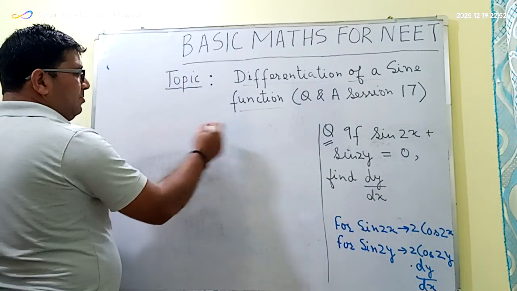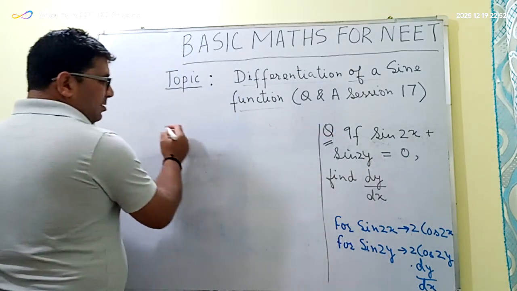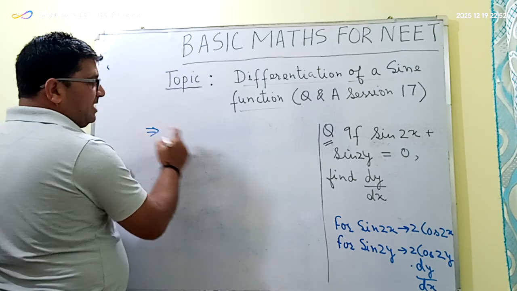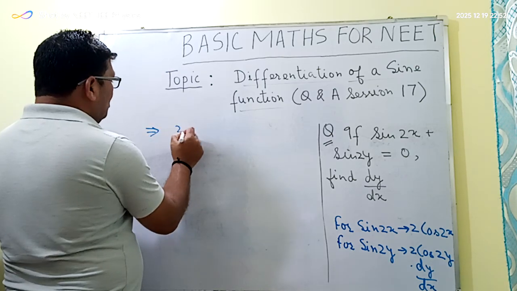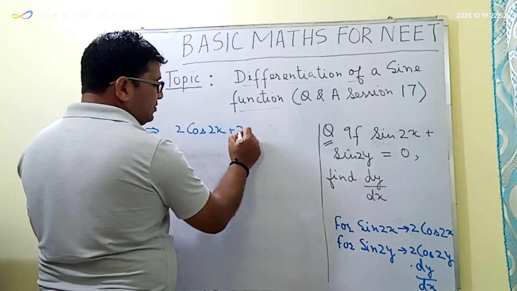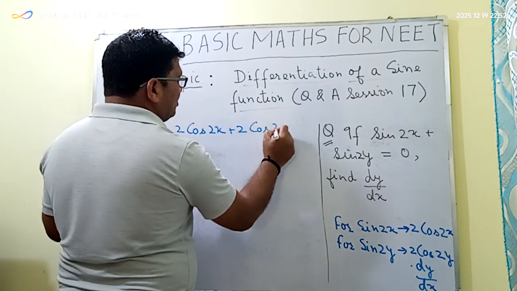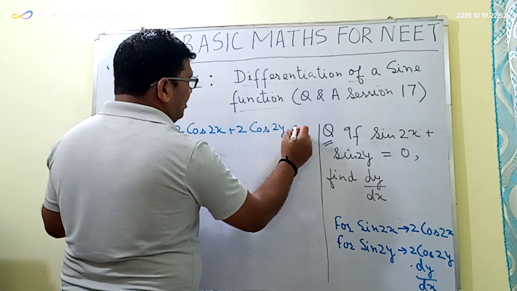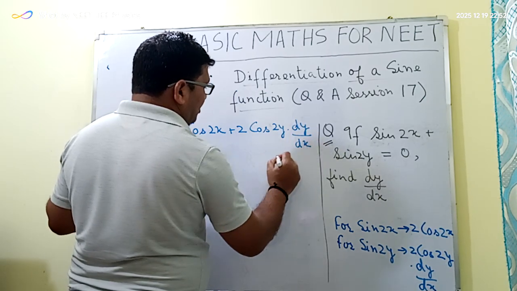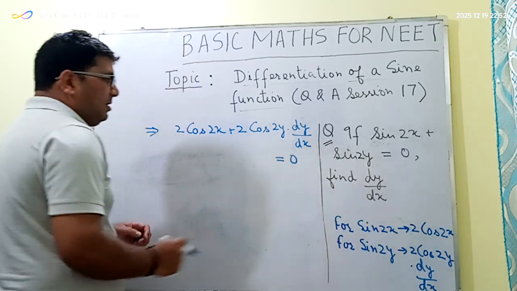So it implies that 2 cos 2x plus 2 cos 2y into dy by dx is equal to 0.